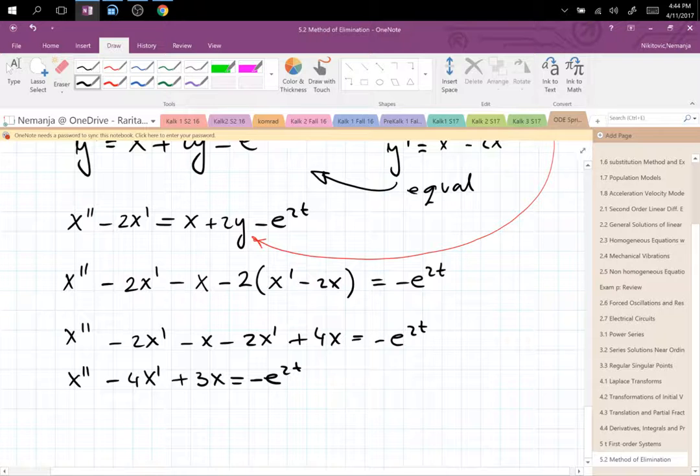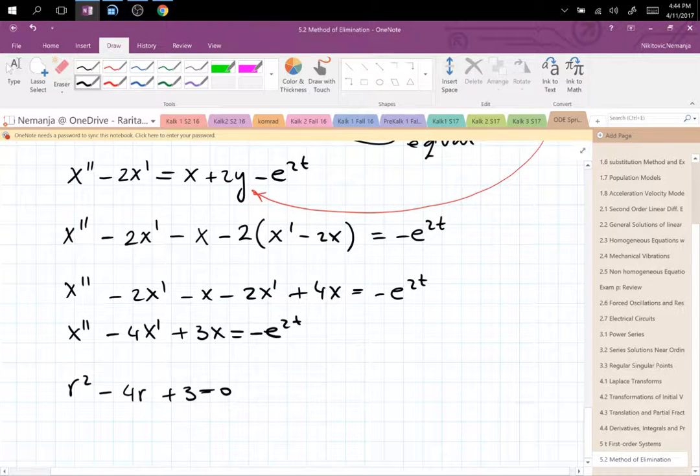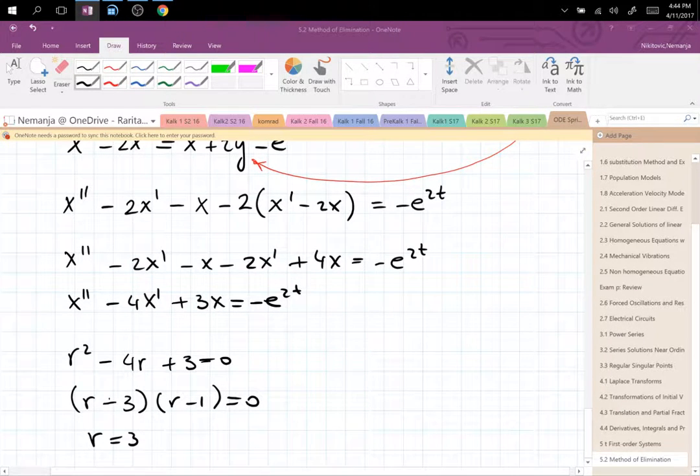So we have r squared minus 4r plus 3 equals 0. That factors as r minus 3, r minus 1, from where r is 3 and r is 1, which immediately gives us that x of t is equal to c1 e to the 3t plus c2 e to the t.